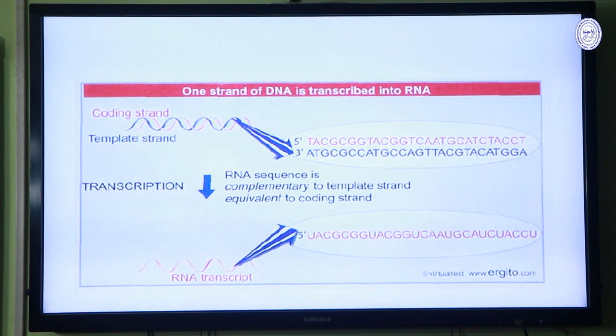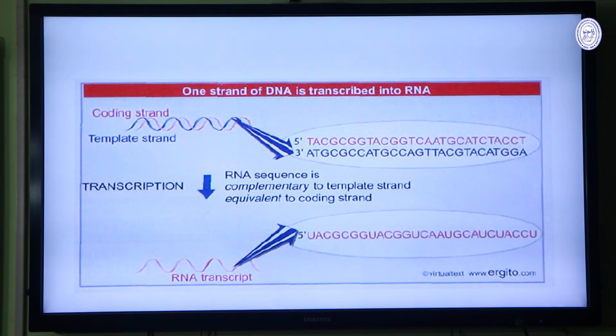The template strand is represented by the black color and it is shown from 3' to 5' direction, and the coding strand in red color is in 5' to 3' direction. We always know that either during the replication process or during the transcription process, the synthesis of DNA or synthesis of RNA follows the polarity from 5' to 3' direction.